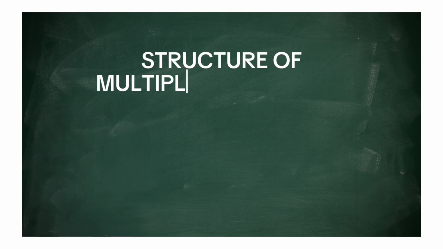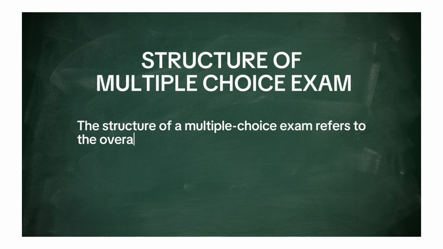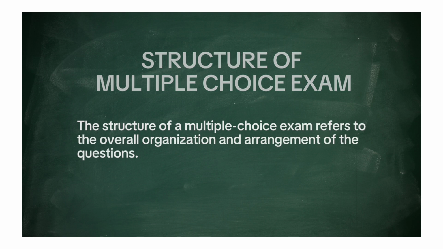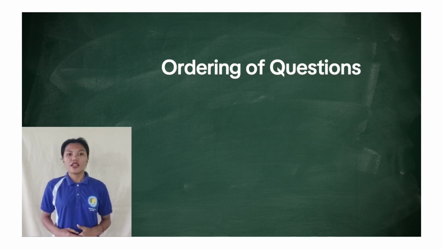Structure of multiple choice exam. The structure of multiple choice exam refers to the overall organization and arrangement of the questions. This includes, first, ordering of questions, the sequence in which the questions are presented, often starting with easier questions to build confidence.